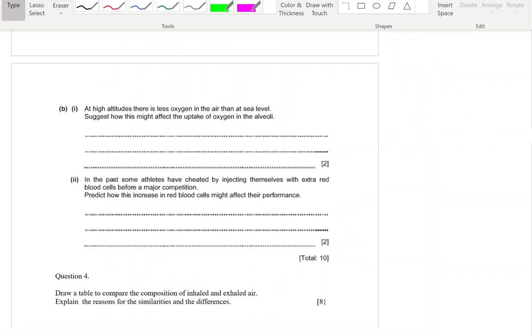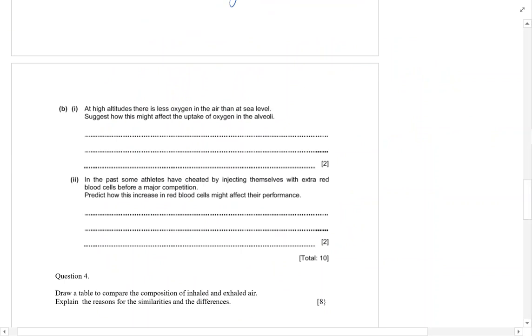Moving on. B, at high altitudes there is less oxygen in the air than at sea level. Suggest how this might affect the uptake of oxygen in the alveoli.